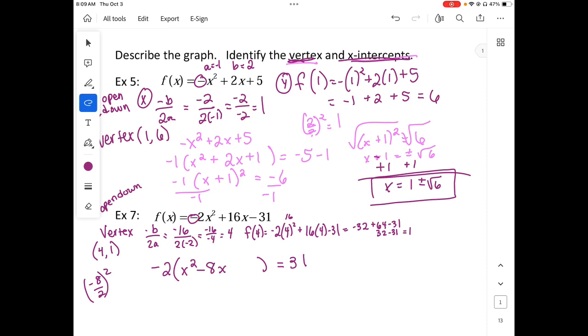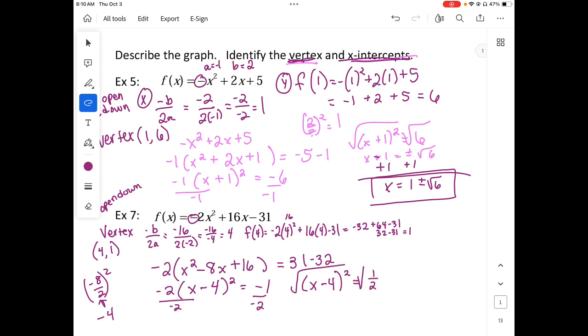So that is negative 4 squared, which is 16. Okay, so what I add to the other side is negative 2 times 16, so that's minus 32. Okay, so then this is negative 2, and this comes from here, x minus 4 squared equals negative 1. We've got to solve it. So start with dividing by the negative 2. So this is x minus 4 squared equals, negative divided by a negative is a positive, 1/2.